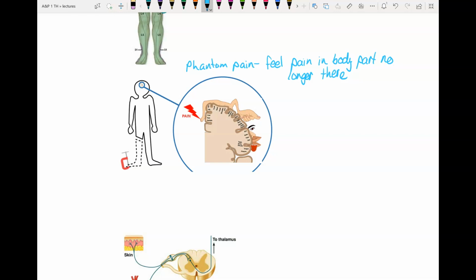So if you think about those sensory neurons, remember the primary sensory neuron would come up, the axon comes all the way up, it goes into the posterior root, and you have the cell body in that posterior root ganglion. So this is our primary sensory neuron, and it has its cell body in the posterior root ganglion, which remember is right next to the spine.